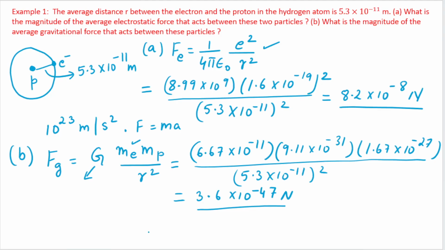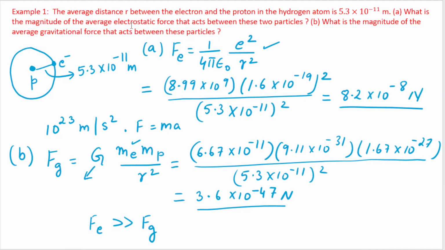You can roughly say that the electrostatic force of attraction is at least of the order of 10 to the power 39 times the force of gravitation. So gravitational force is a very weak force.